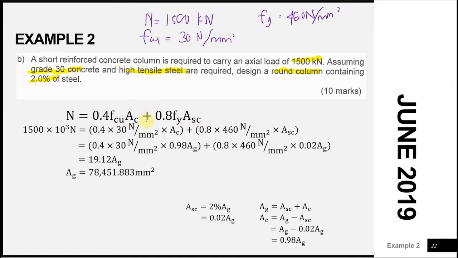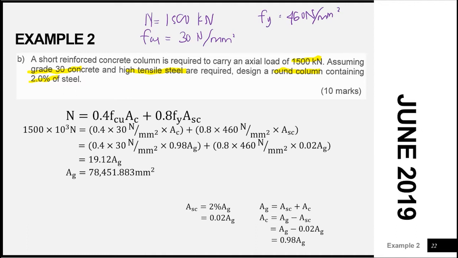Okay, one thing that we don't know is AC. Sebab kita tak tahu area of concrete. Dekat sini dia just bagi percentage of steel. Concrete tak ada. Kita tahu dia 98% lah. Tapi kita tak tahu berapa sebenarnya. Sebab here dalam soalan ni tak ada pun bagi area of column. Tak ada area of column maksudnya kita kena cari.